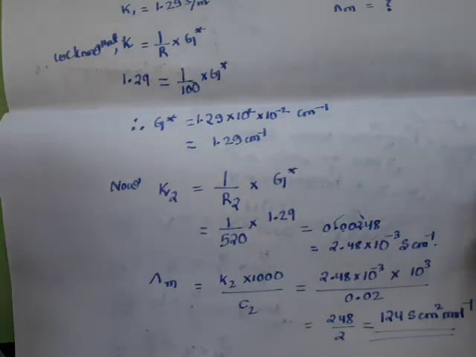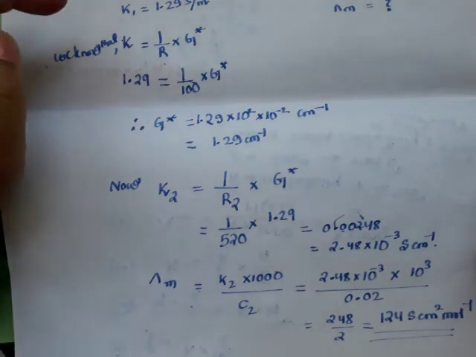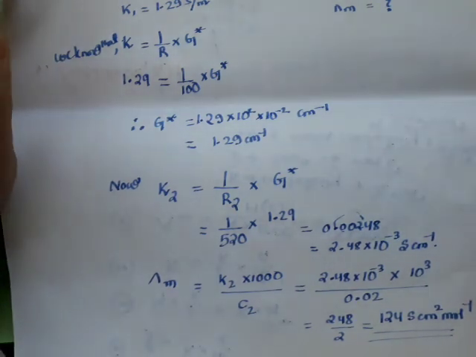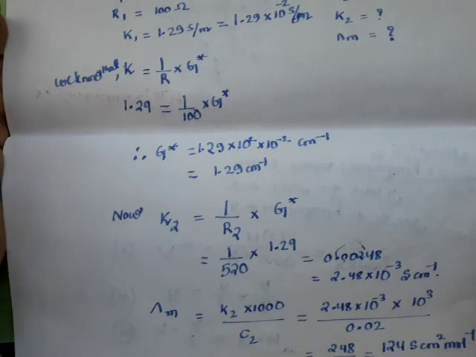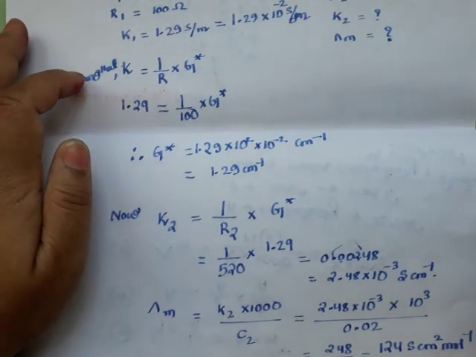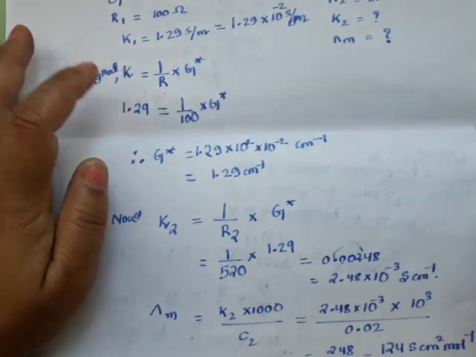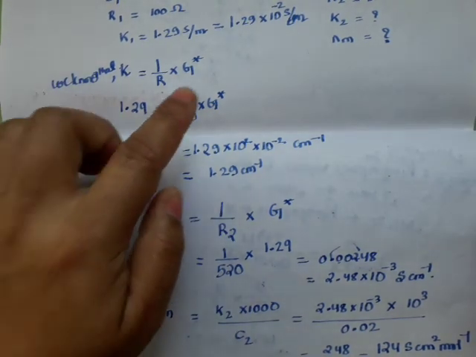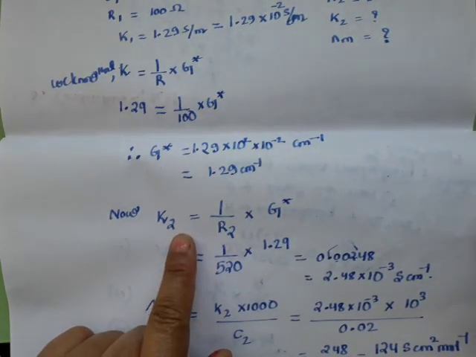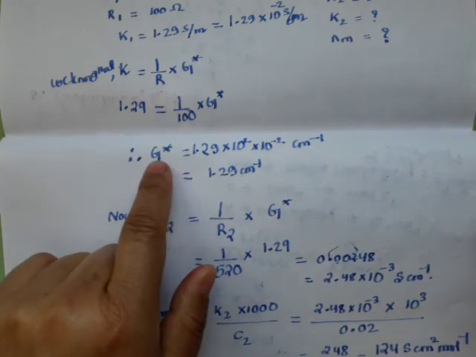Okay, so again I am repeating. You are given the concentration, resistance and kappa for cell 1, and from cell 1 you can easily calculate G star, and after calculating G star you can go to the other case. You put the value of G star in that case.